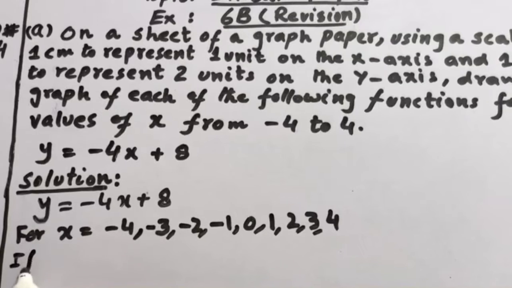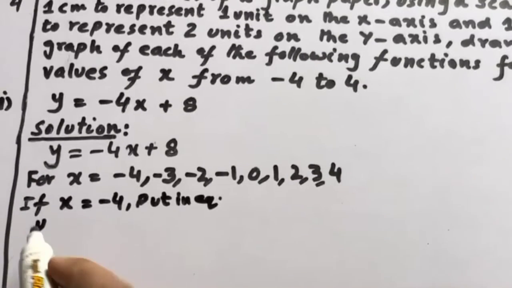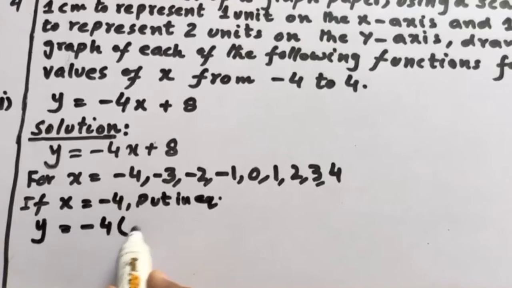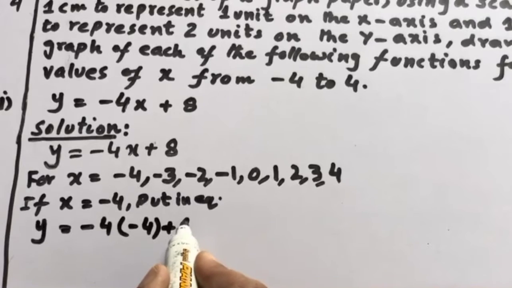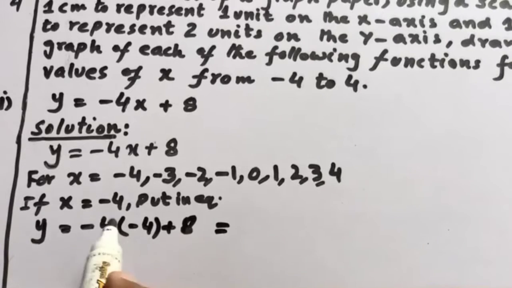So if we take x as -4 and put it in the equation, then we will get the value of y, which is -4, by replacing x as -4 and by writing +8 as it is, and by simplifying we will get the value of y, which is minus minus becomes +4, minus minus plus, and 4 4s are 16.